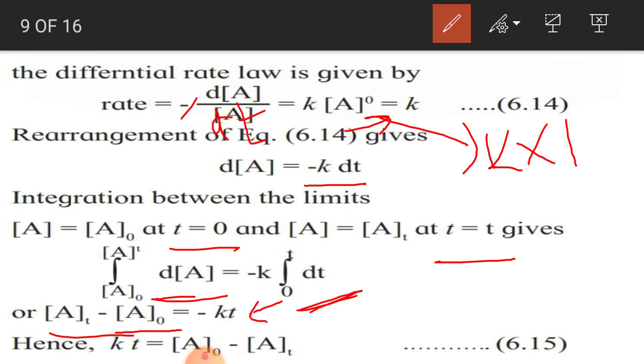Rearranging, dA will be equal to minus K dt. Integrating between the limits, we get At minus A naught is equal to minus Kt. Rearranging, we get Kt is equal to A naught minus At, and this equation is the integrated rate law for zero order reaction.